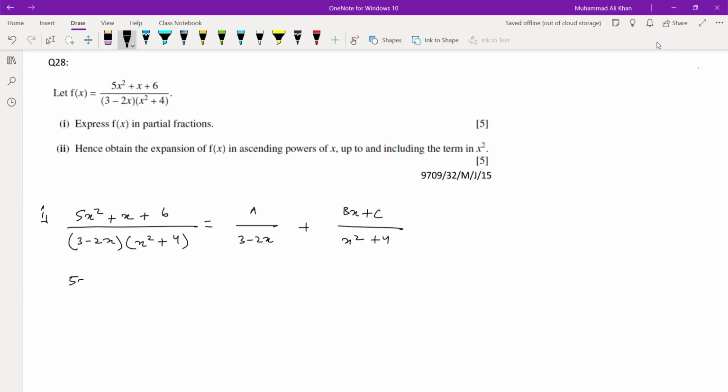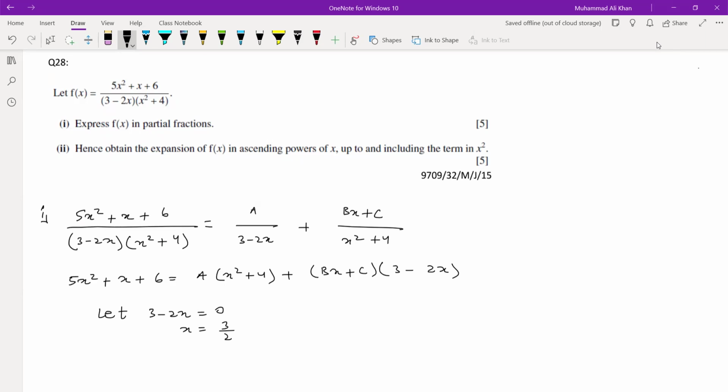By cross multiplication, with A we have x squared plus 4, and with Bx plus C we have 3 minus 2x. Now let 3 minus 2x equal 0. The value of x is 3 upon 2. At 3 upon 2, what is the left hand side?